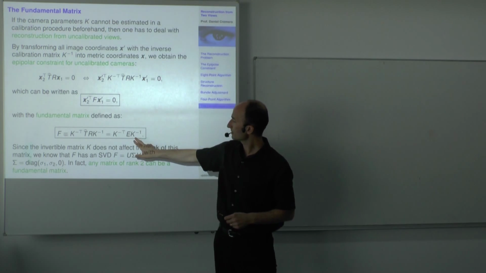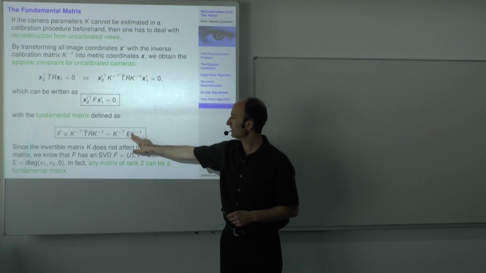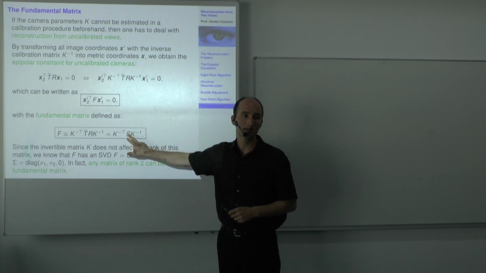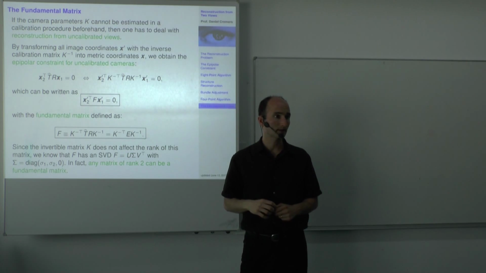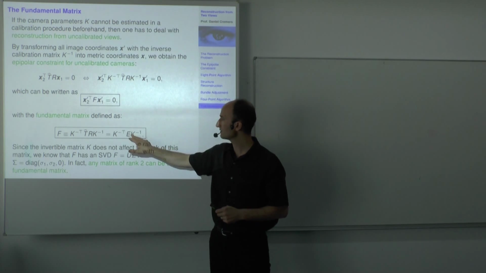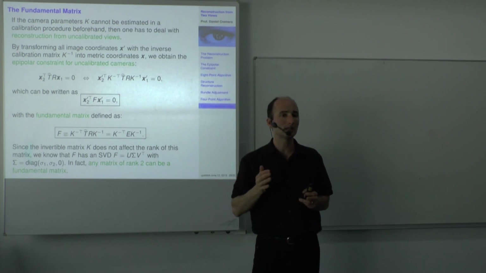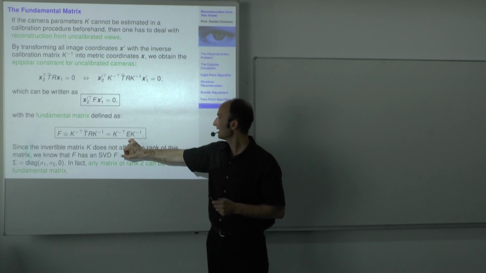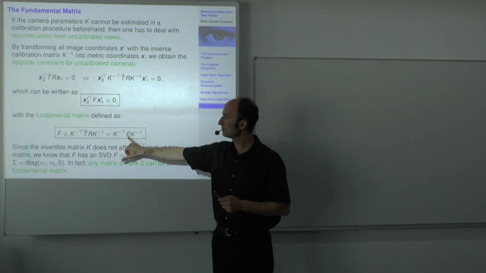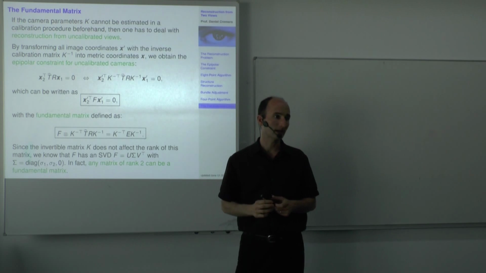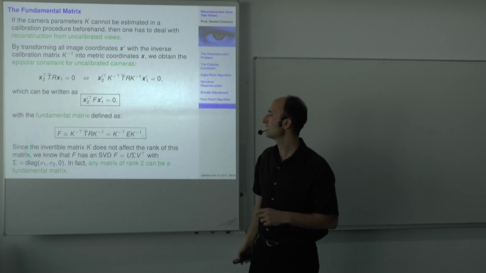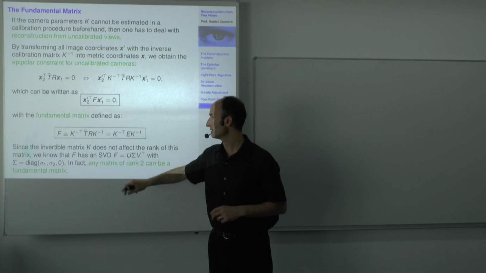We also talked about the fact that if you multiply a matrix with invertible matrices from both sides, that does not affect the rank, because these matrices are invertible, so the number of linearly independent columns or rows is not affected. Meaning, if E is of rank 2, F is also of rank 2. So we know whatever that fundamental matrix is, it is a rank 2 matrix.